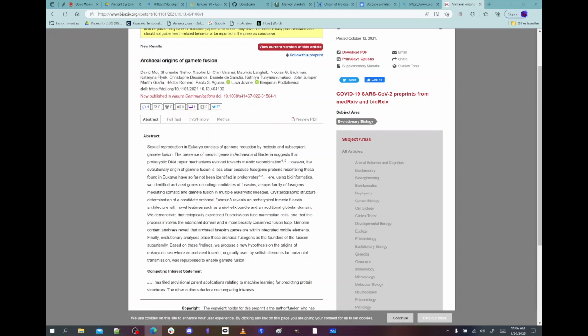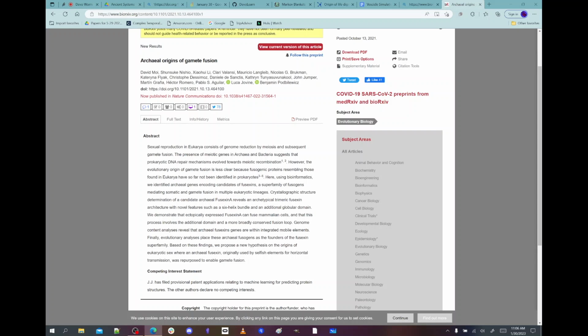So here, using bioinformatics, we identified archaeal genes encoding candidates of fusexins, a family of fusogenes mediating somatic and gametic fusion in multiple eukaryotic lineages. So they're able to assay some aspects of these candidate genes, and they were able to look at the proteins that they produced, and at how these things fuse mammalian cells.